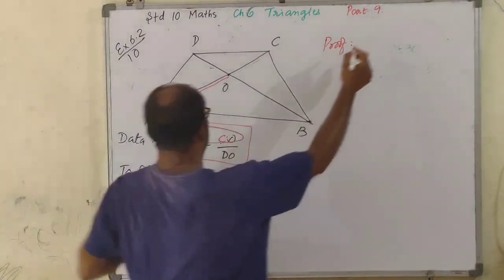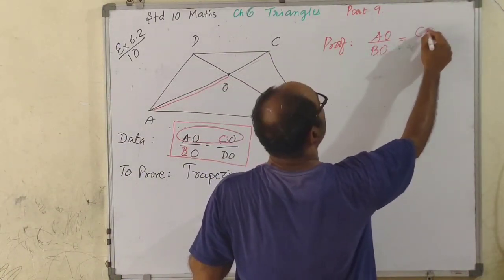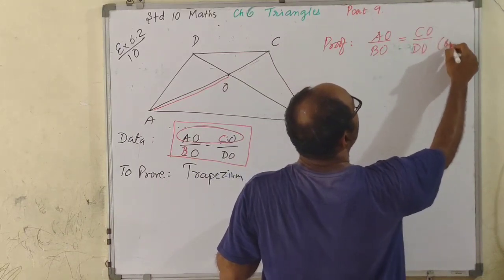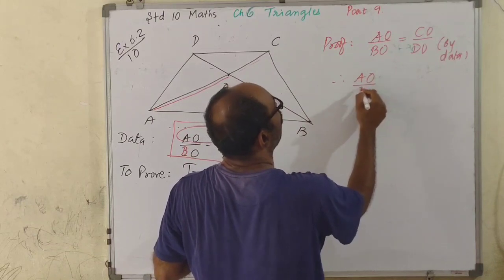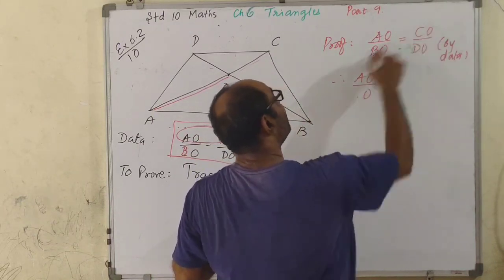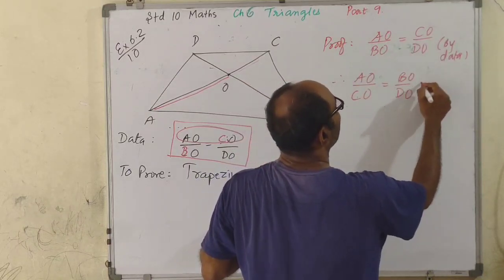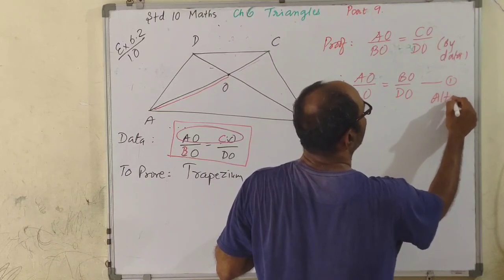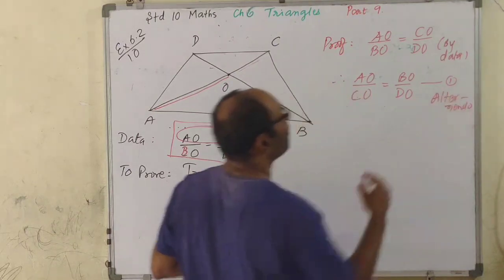So first let us apply alternando. AO upon BO is equal to CO upon DO by data. Therefore, alternando: AO upon BO is equal to CO upon DO, bringing CO down and taking BO across. That is result 1. Alternando. Okay?